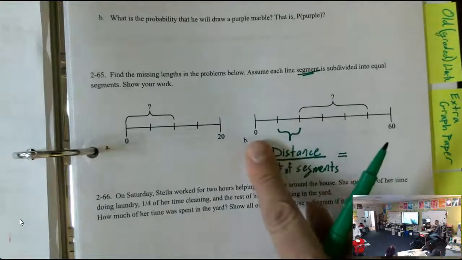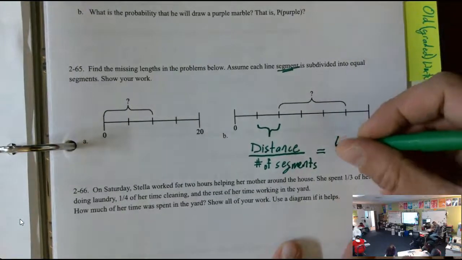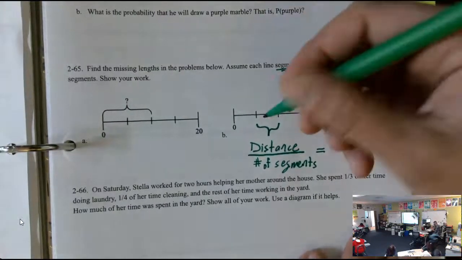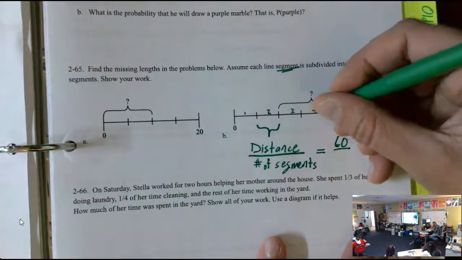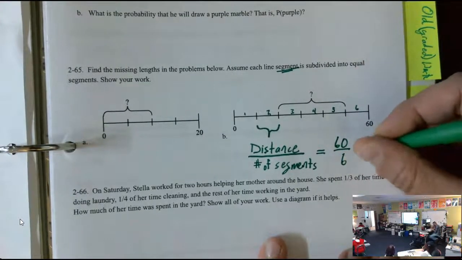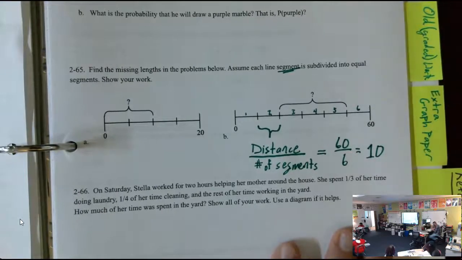So here, what's our distance from 0 to 60? 60, right? How many segments? 1, 2, 3, 4, 5, 6 segments. What is 60 divided by 6? 10.